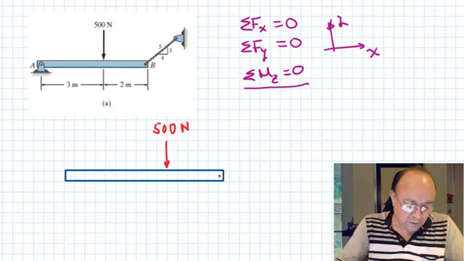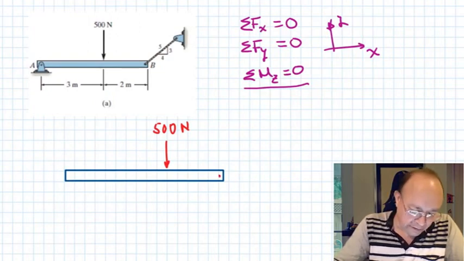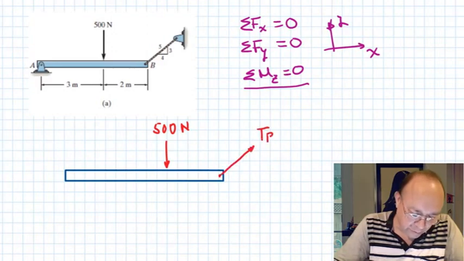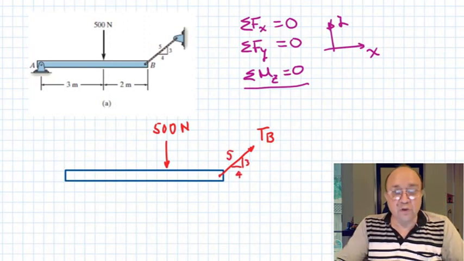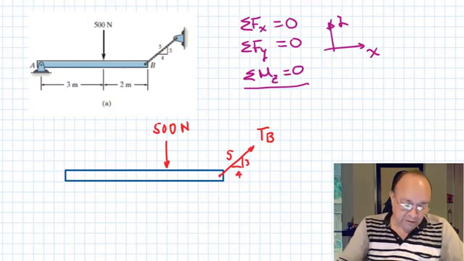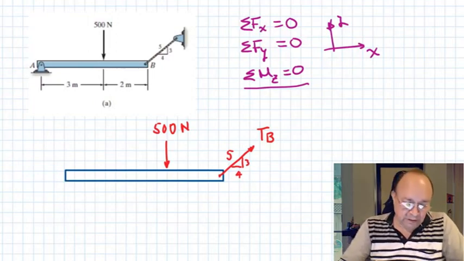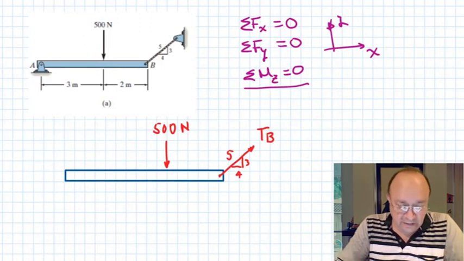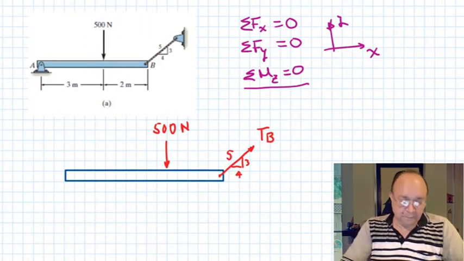This is what we saw before, a short cable. So the force that the cable applies is a tension force like this. Let's call it tension at point B. And we know the direction of the cable is at 345. So the direction is known. The only thing that is unknown is the tension, the magnitude. In this case, we even know the sense is going away from the beam.